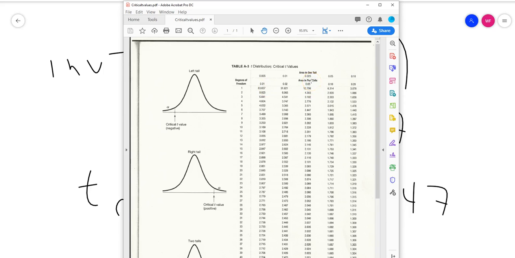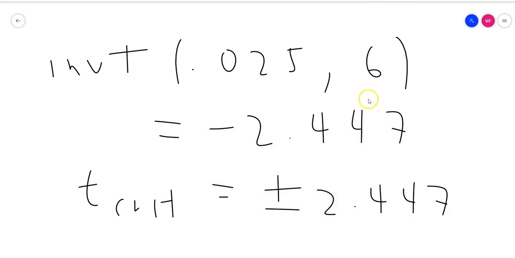Area in 1 tail is 0.025, area in 2 tails is 0.05. And then if you look at the degrees of freedom, which is 6 here, and you go over, you get 2.447. Is that the same thing as we get on the calculator? Yeah, 2.447. So if you have an older calculator, you can look up the critical t-values on that chart.